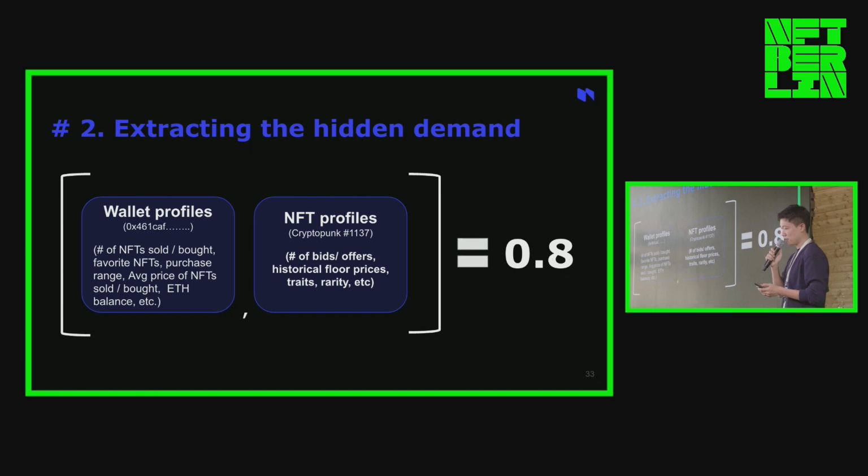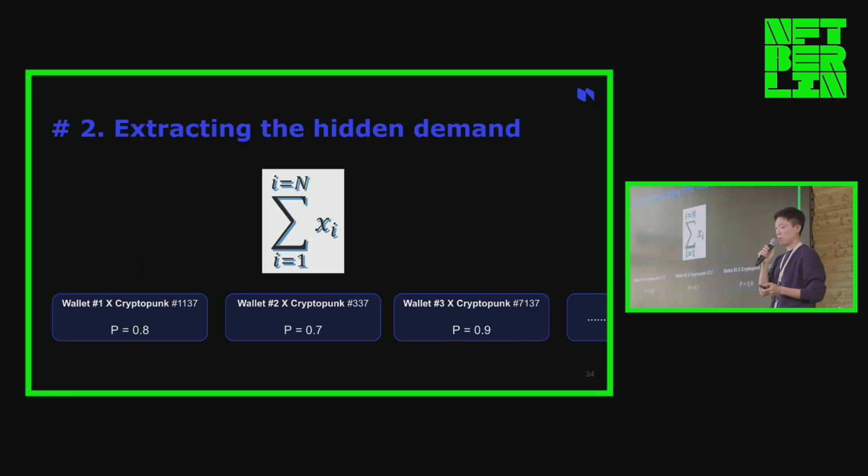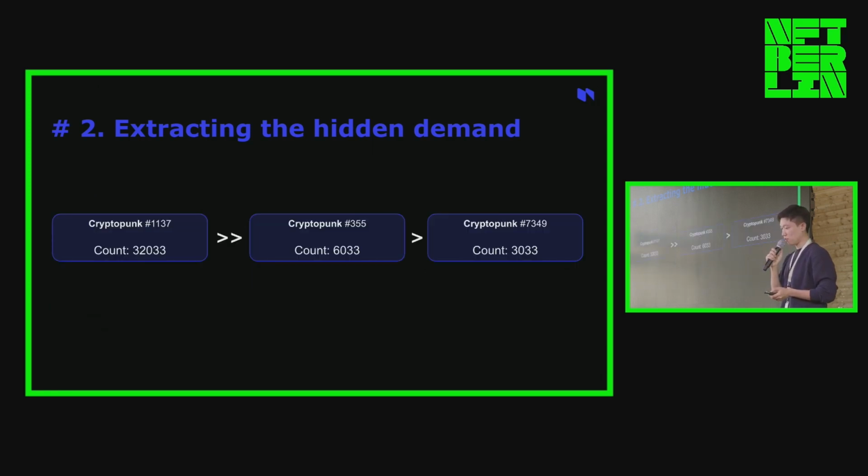To extend it more, there are wallet profiles, where, as I said, we extracted a lot of different features, and then NFT profiles. With those, we try to predict how likely a purchase is. And then we sum them all up so that, relatively, CryptoPunk 1137 has more demand than other CryptoPunks.